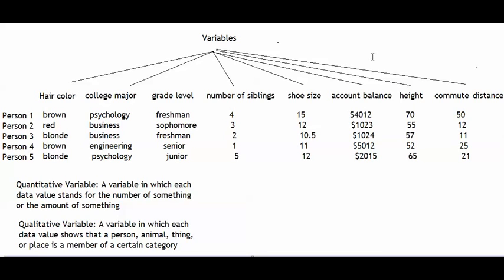Same thing is true about driver's license numbers. So, variables like driver's license numbers, jersey numbers, and social security numbers are qualitative variables because the data values are only labels for people, animals, or things. The data values don't stand for the number of something or the amount of something.